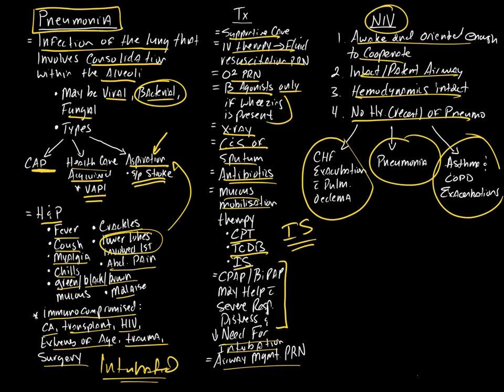Right? Now, you think with asthma, which we haven't really talked about in great detail, asthma tends to be obstructive, right? It tends to be an airflow problem. And you think, well, if I'm giving you something that keeps your lungs open, wouldn't that be harmful? Can be, but it can also splint the alveoli open, splint those airways open that are inflamed, and actually increase airflow through those airways.